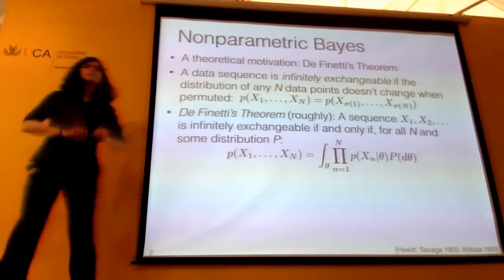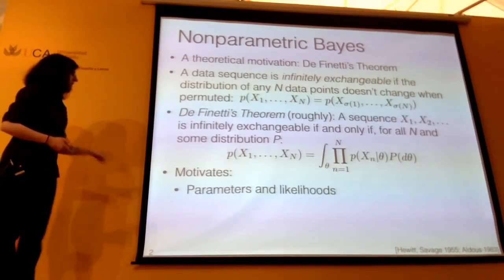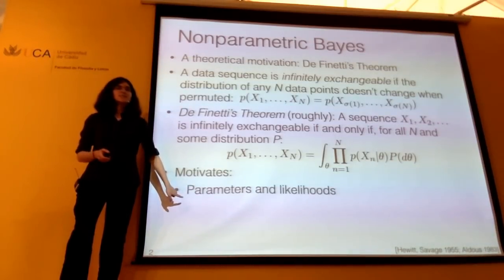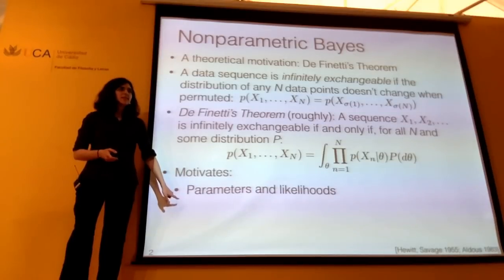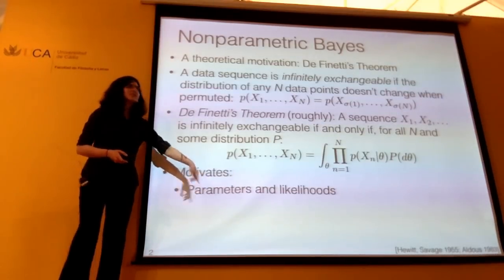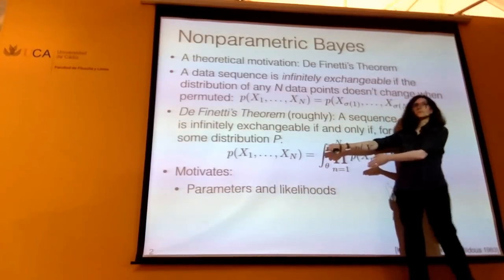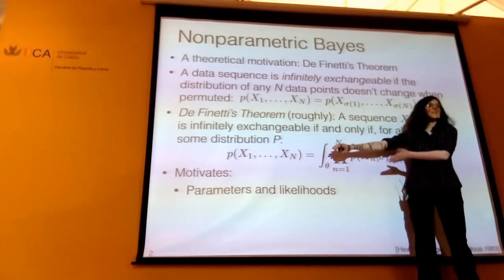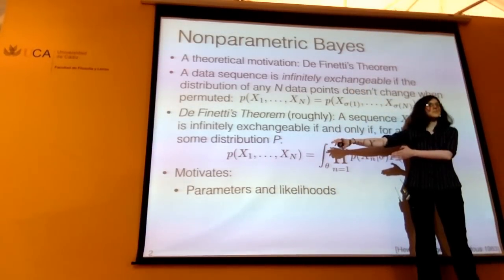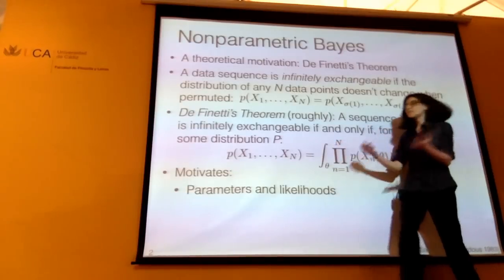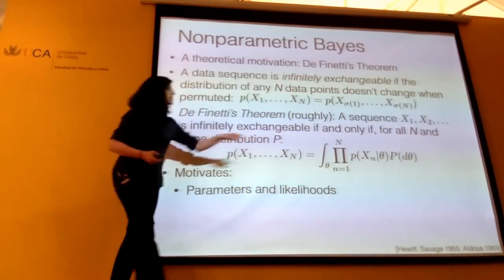Okay, here's what's interesting about this theorem for our purposes. One, it motivates, in some sense, statistics. It motivates that parameters even exist. We didn't assume any parameters. All of the assumptions we made were just that there's some distribution that randomly generates the data, and de Finetti's theorem tells us that we get a parameter theta.